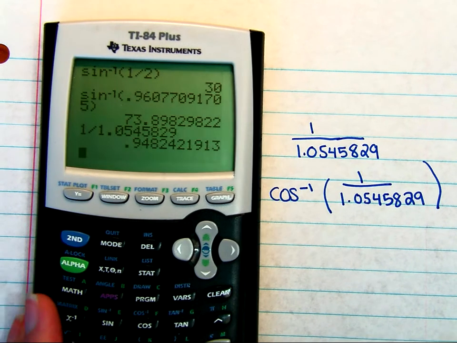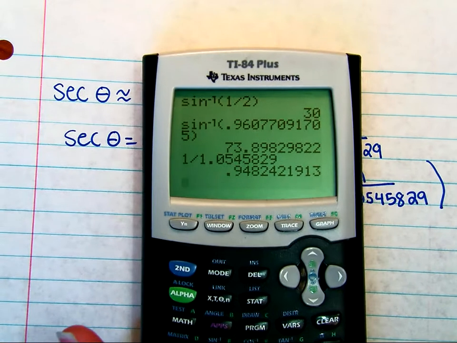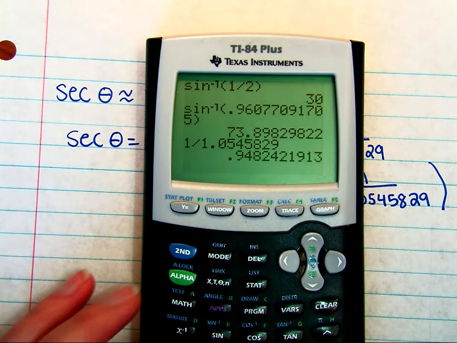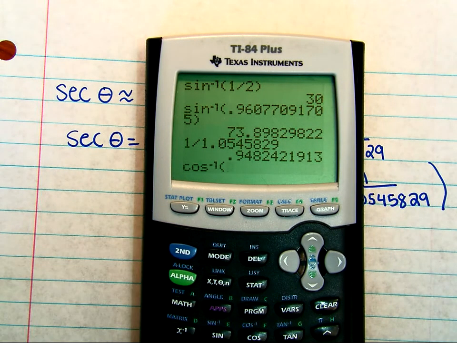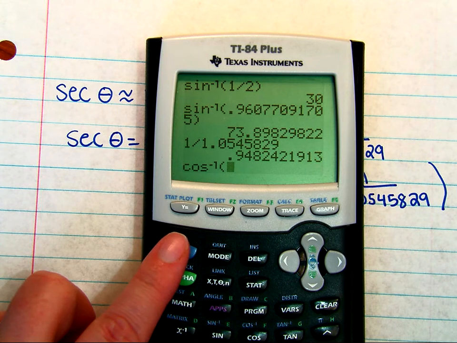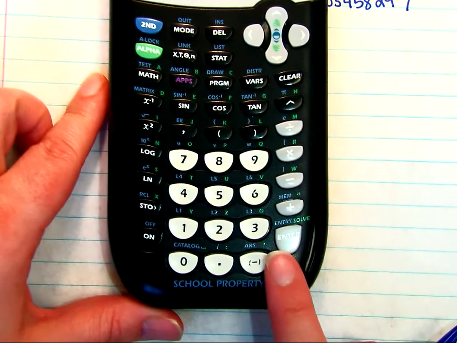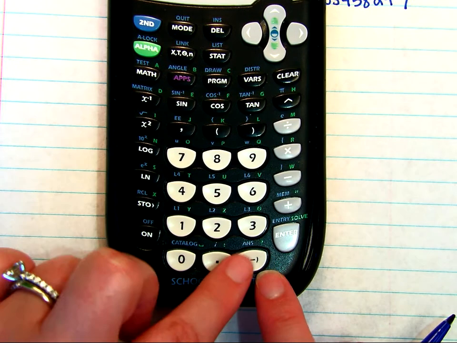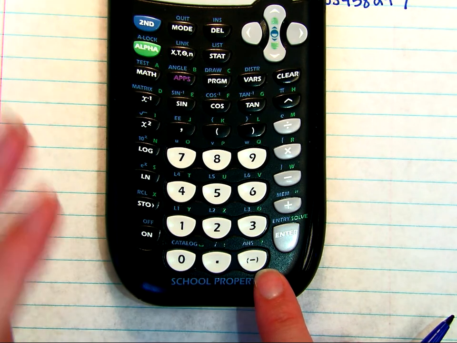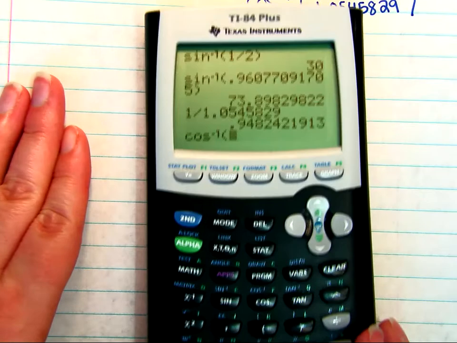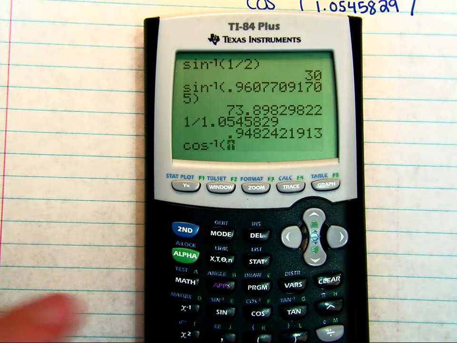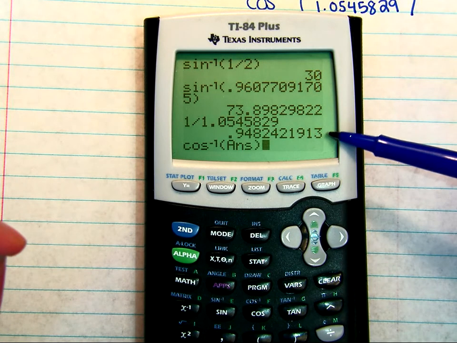So if you didn't know, you can use second cosine inverse, and then if you hit second again and the negative button, it says A and S above it, that's for answer. So it will take your just previous answer, which was this decimal, and use that.